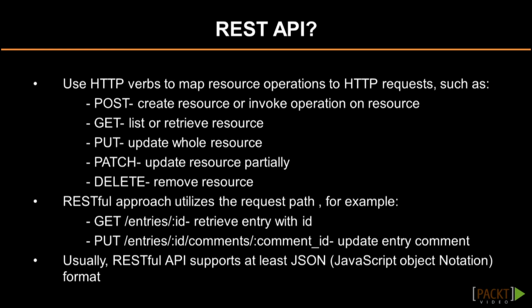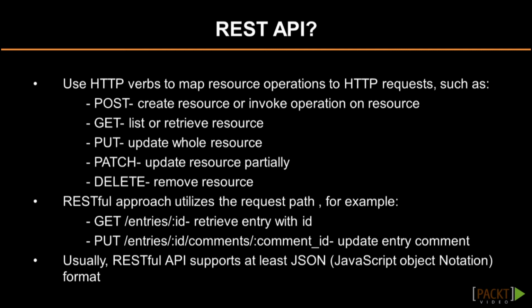The RESTful approach is built around the concept of resources, and it utilizes the means provided by HTTP, namely paths and verbs like POST, GET, PUT, or DELETE. We model our APIs after the resources that they provide, and we usually map basic operations to HTTP verbs.